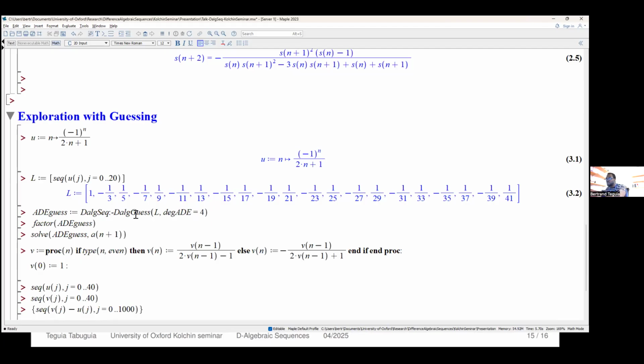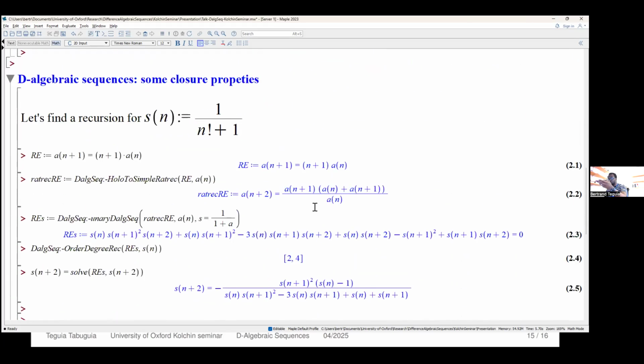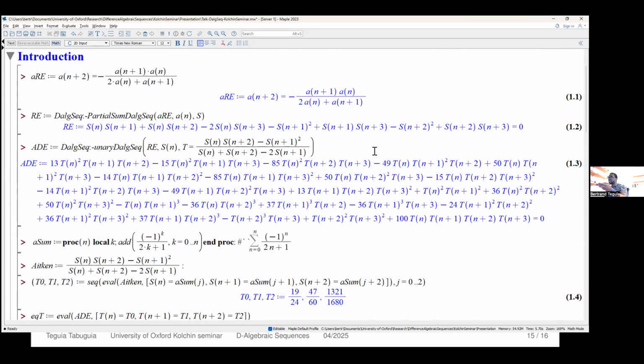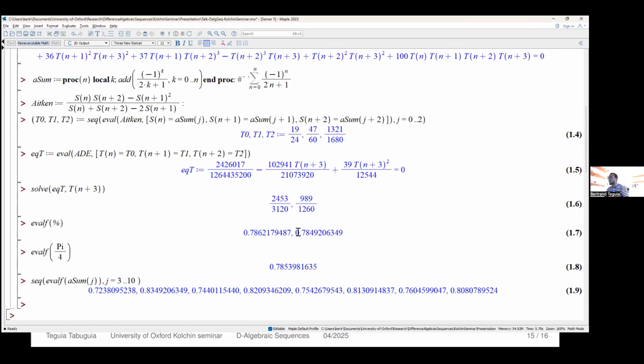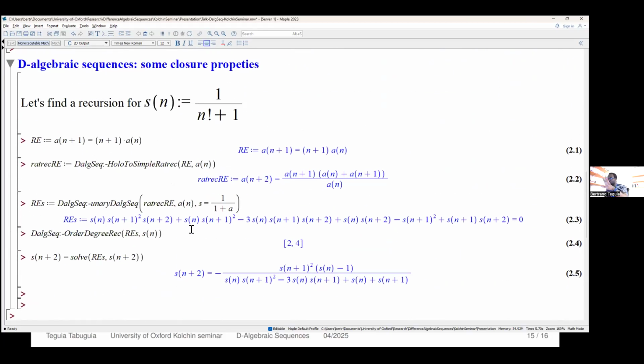So here, what I asked the algorithm to do is to look for an algebraic difference equation of degree 4 for this sequence. And we know already that this sequence has this rational recursion. We know how we obtained this already. But now I want to look for something else.